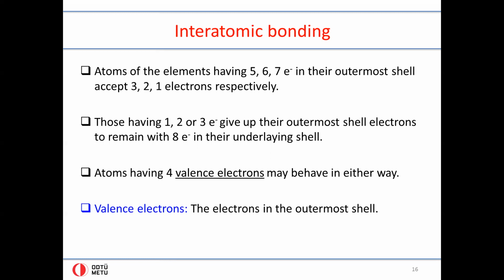So the atom can become a smaller ion, lose some volume, lose the outer shell, and still become happy, similar to the closest noble element. Then, if you have 4 valence electrons, you can be of both natures. You can go one way or the other.